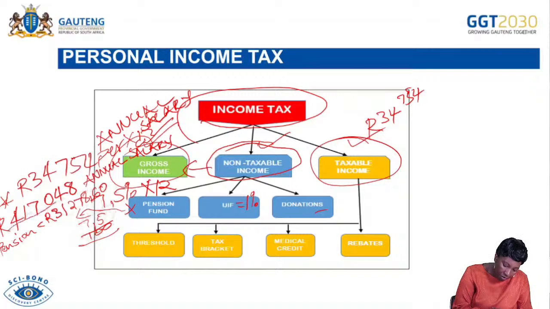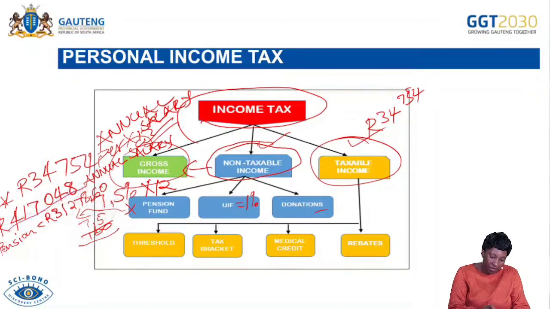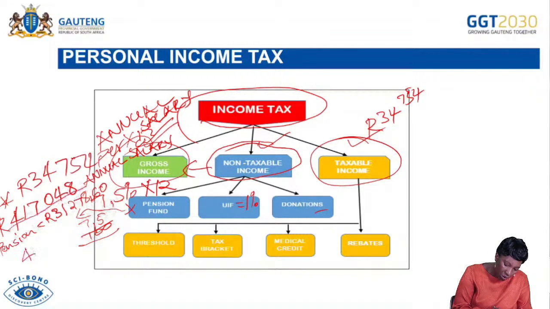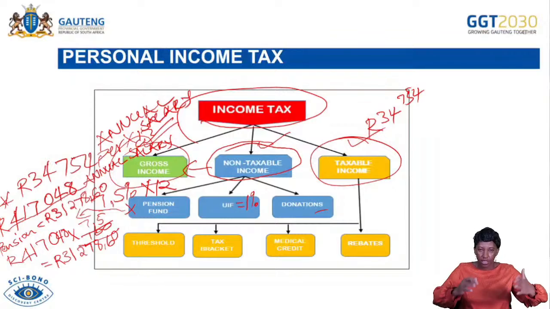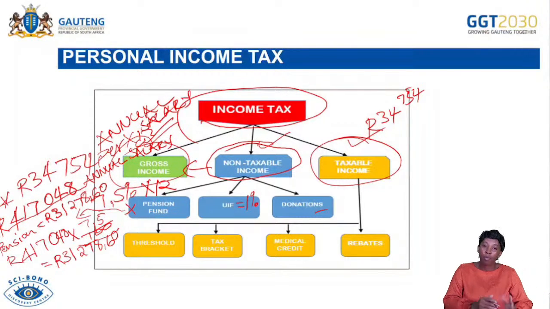I took this 417,048, I multiplied it by 7.5%, and then it gave me what? 31,000. And then it gave me this amount of 31,278 and 60.